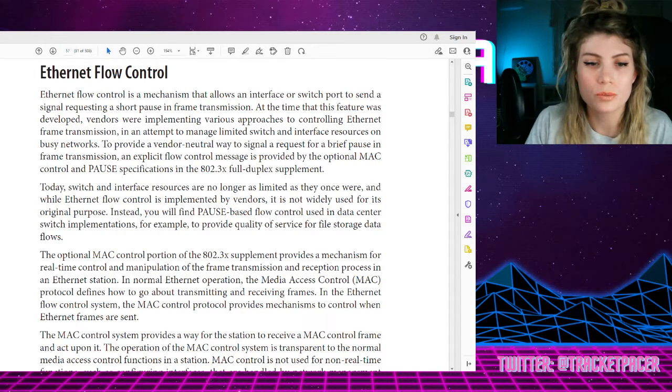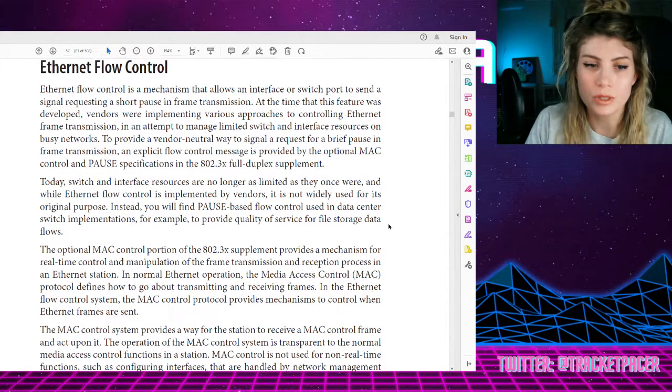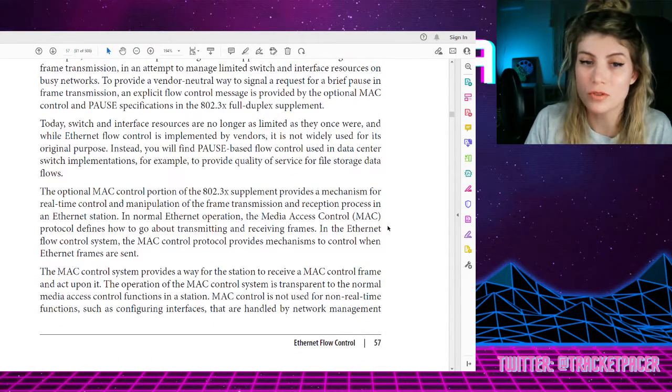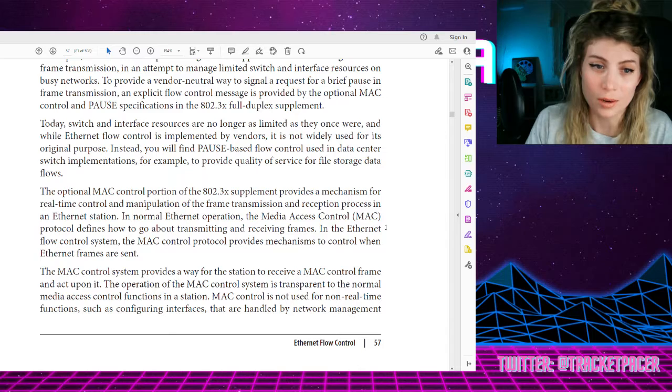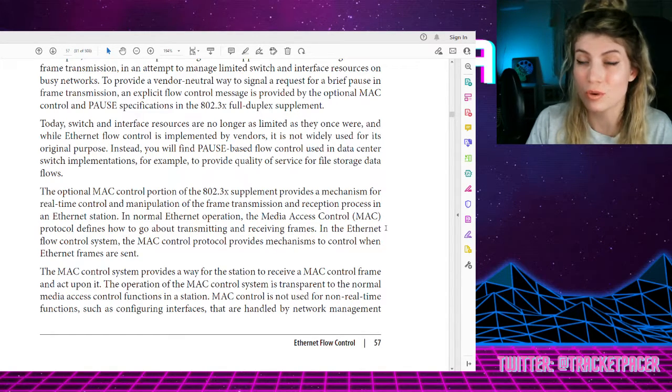The optional MAC control portion of the 802.3x supplement provides a mechanism for real-time control and manipulation of the frame transmission and reception process in an Ethernet station. In normal Ethernet operation, the media access control, or MAC protocol, defines how to go about transmitting and receiving frames.